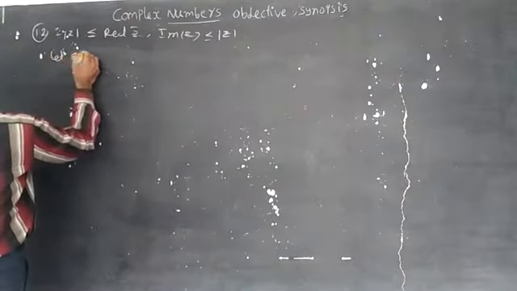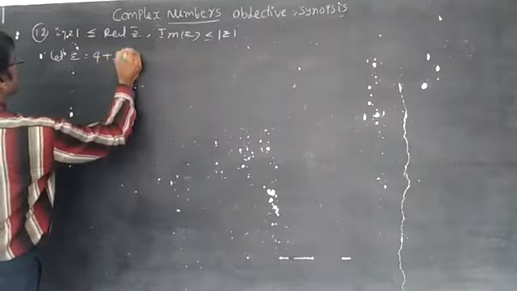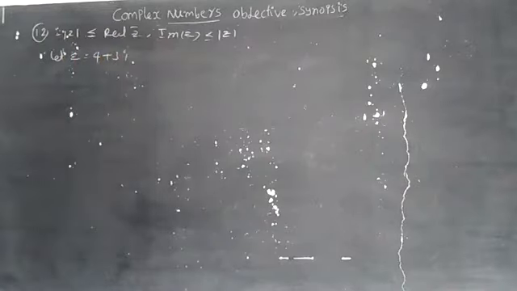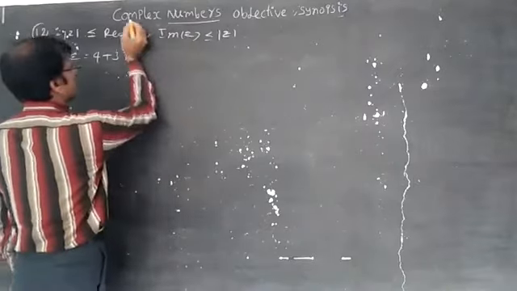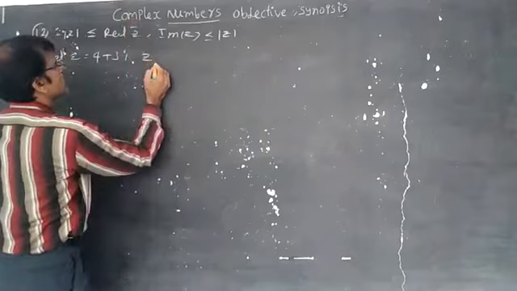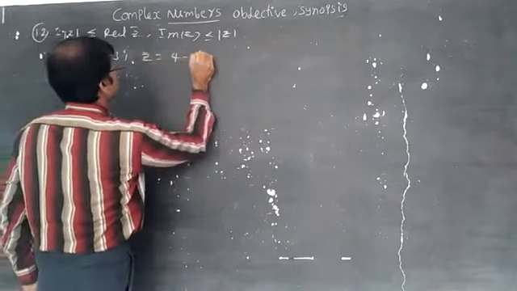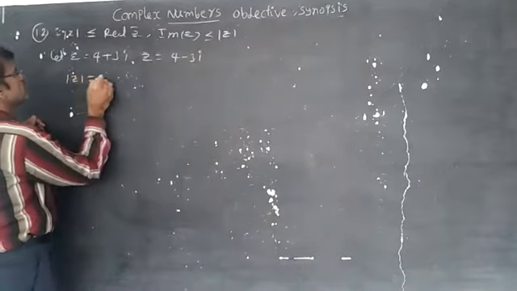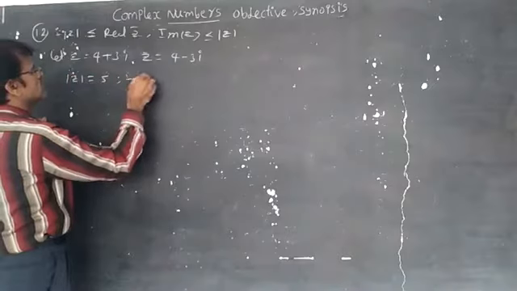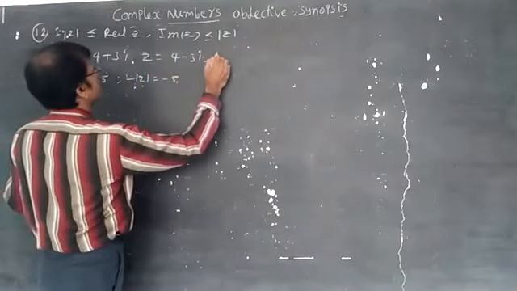Let z be any complex number, students, say 4 plus 3i. What is real? What is imaginary? Real z is 4. Let us write z bar also: z bar is equal to 4 minus 3i. Mod z is equal to 5, and minus mod z is equal to minus 5.